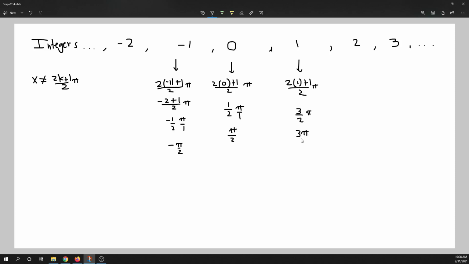Okay. And then if I did the same process, I would get 5/2 pi. And then 7/2 pi for if I plugged a 3 in. So for every one of these integers, if you plug that number into this formula, it's going to give you a place where the tangent function is undefined.